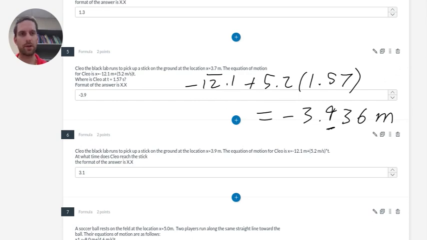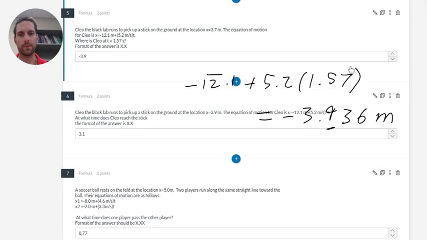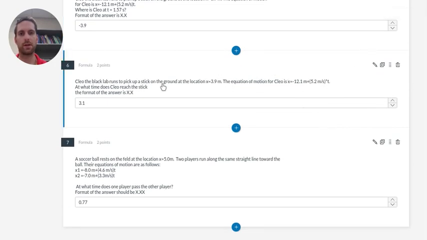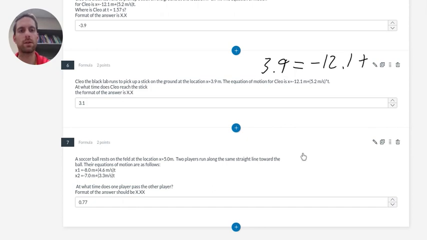So, next one, the last two, is where he picks up the stick at this location. If we want to find the time he picks up the stick, then we plug in this value and we solve that out. So 3.9 equals negative 12.1 plus 5.2 time.